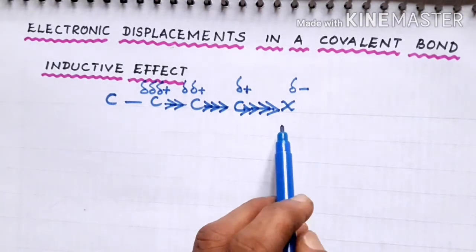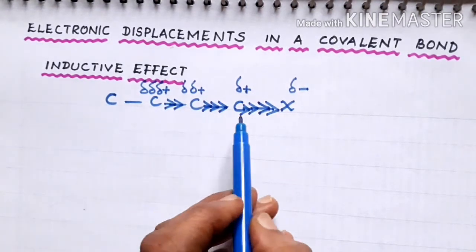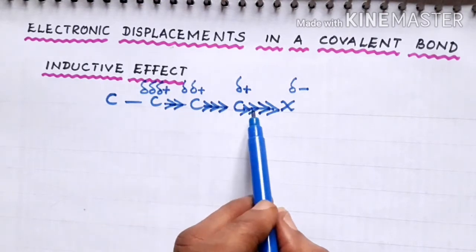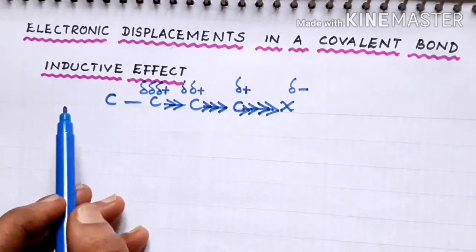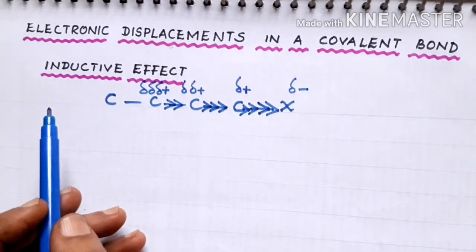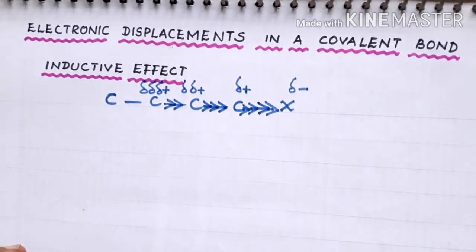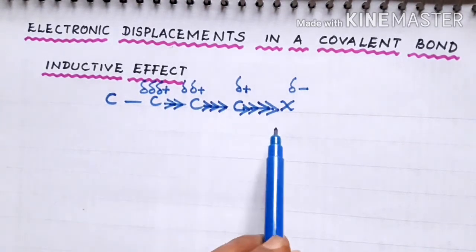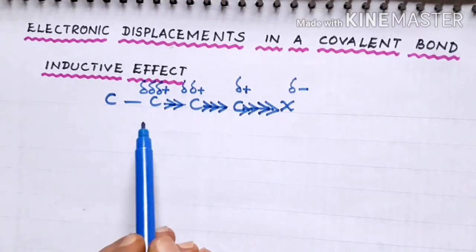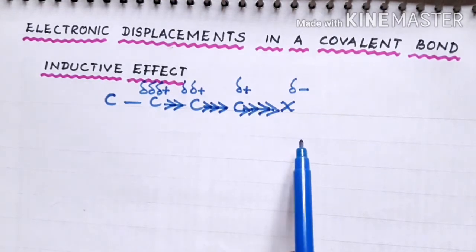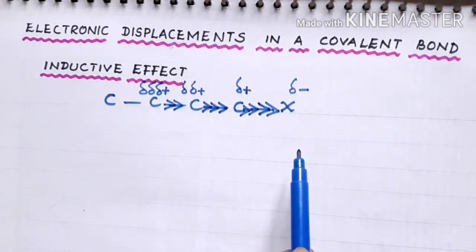So you find that with distance, the inductive effect dies out. This type of displacement of sigma electrons along a saturated carbon chain is called the inductive effect or I effect.